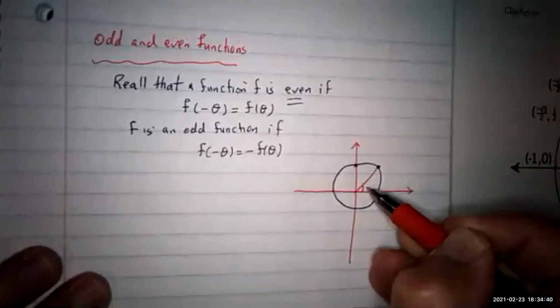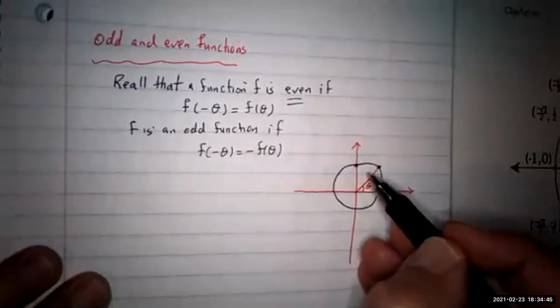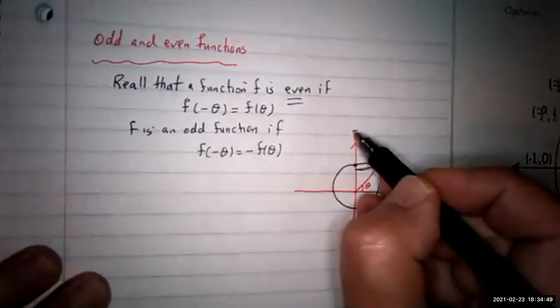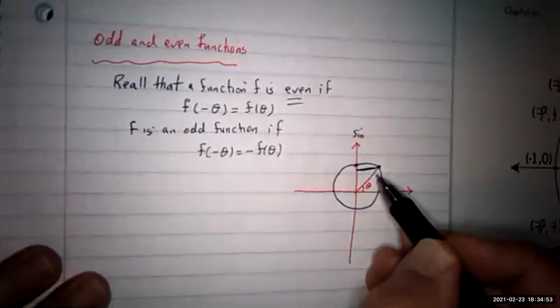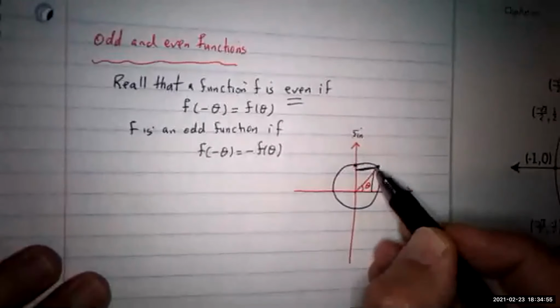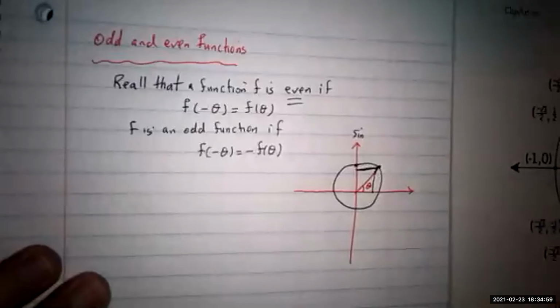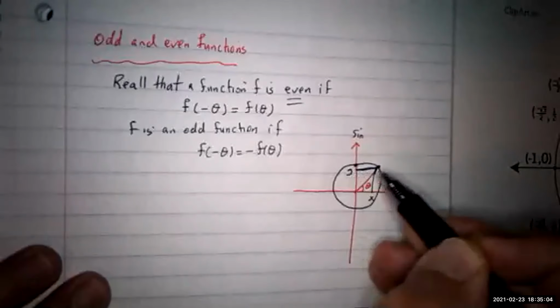In this case, this is going to be the sine, and this is going to be the cosine. This is x and this is y.